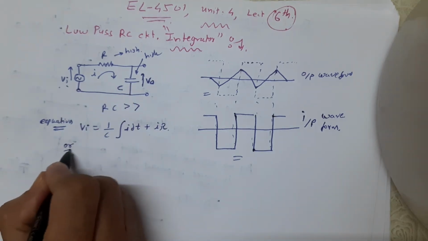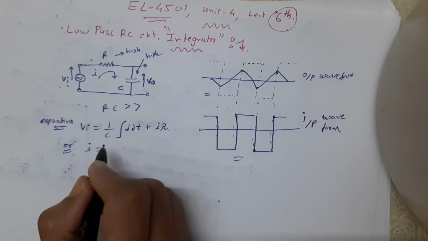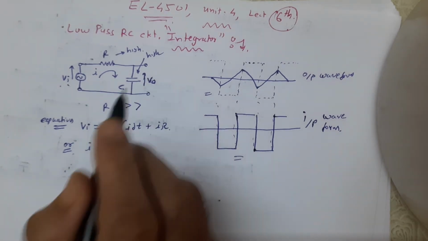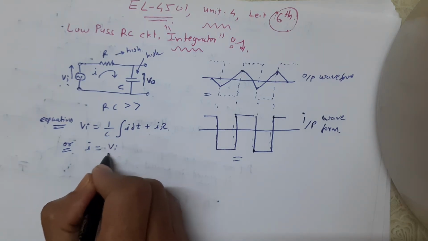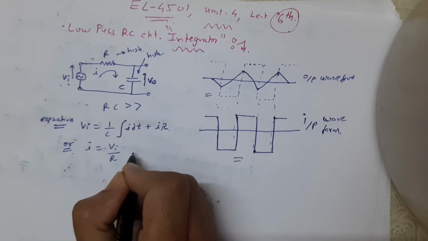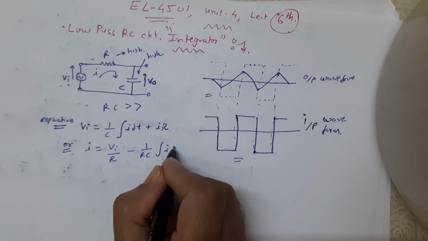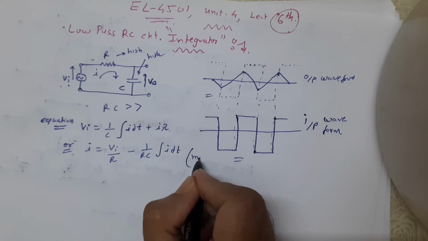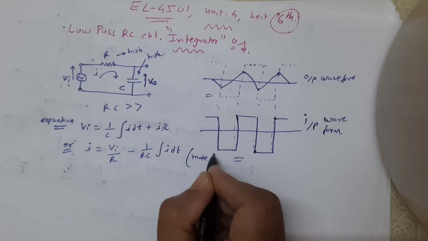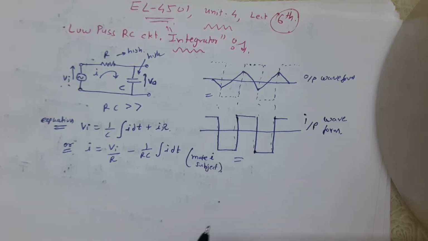Therefore, making I the subject, we get I is equal to Vi upon R minus 1 upon RC integration of I dt.